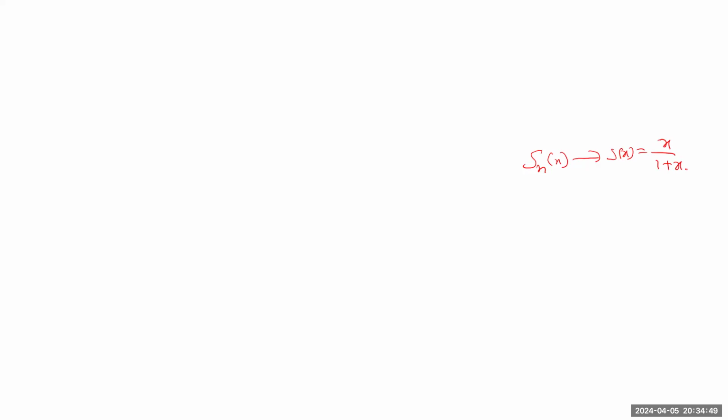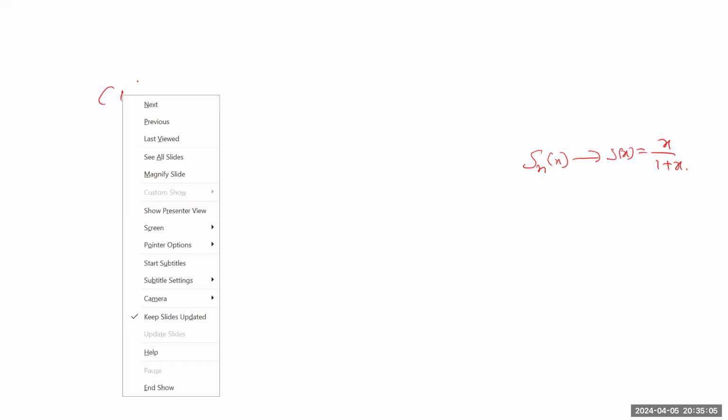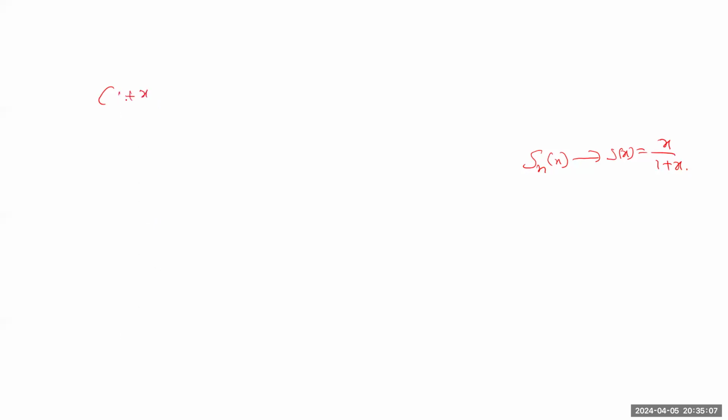In our material, they are using the binomial theorem for x belongs to 0 comma infinity, or you can use the binomial expansion: 1 plus x to the power of n is equal to 1 plus nx plus nC2 x square plus and so on, x to the power of n.